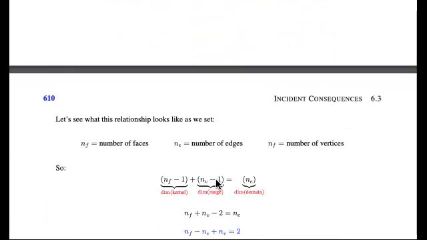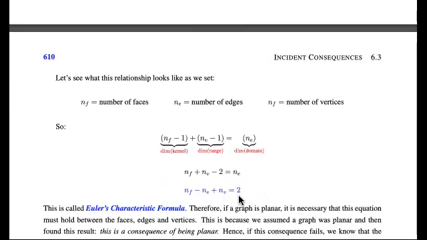The dimension of the range is 1 less than the number of vertices, because of the Smith normal form of the incidence matrix. And that's going to be the domain, which is the number of edges. We rearrange this and we get a 2 on this side. We have a negative number of edges here. So number of faces minus number of edges plus number of vertices is equal to 2. And that's always true for a planar graph.